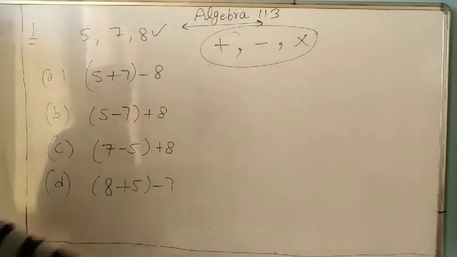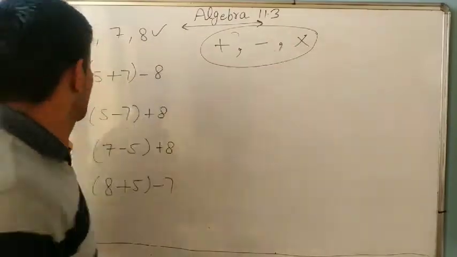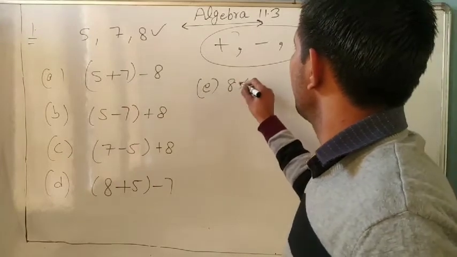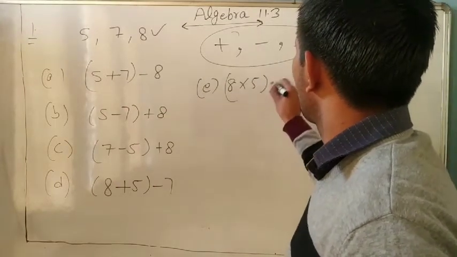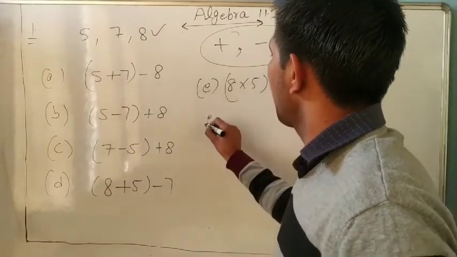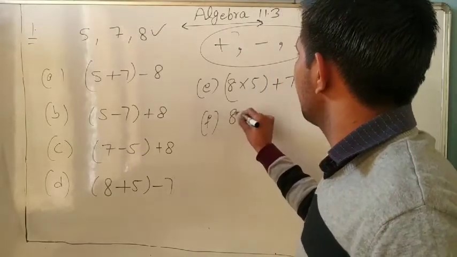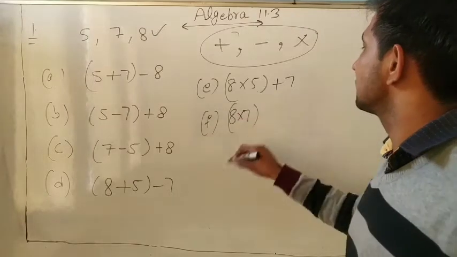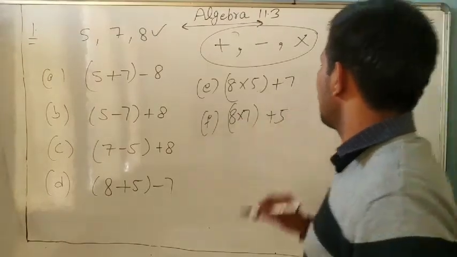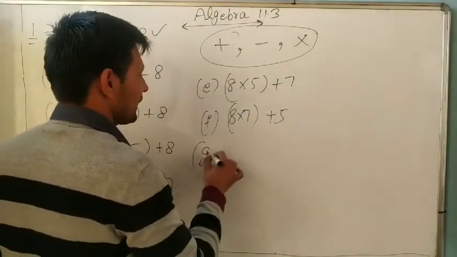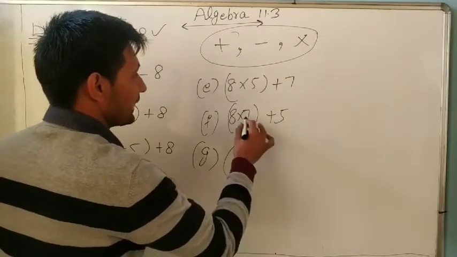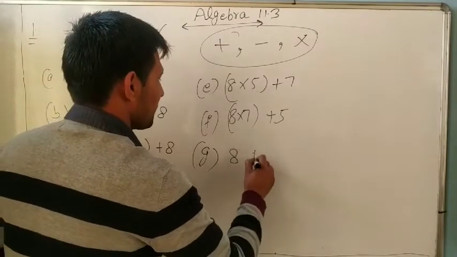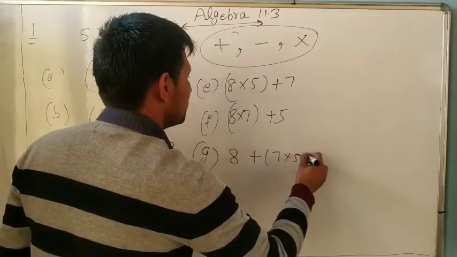Otherwise, we can use multiplication also. Multiply 8 into 5 plus 7. Now you can multiply 8 into 7 plus 5. You can make it like this also: 7 multiply 8 plus 7 into 5.